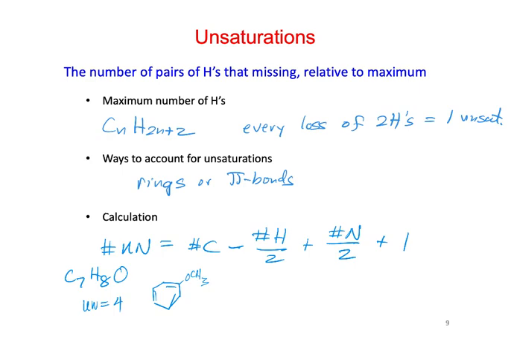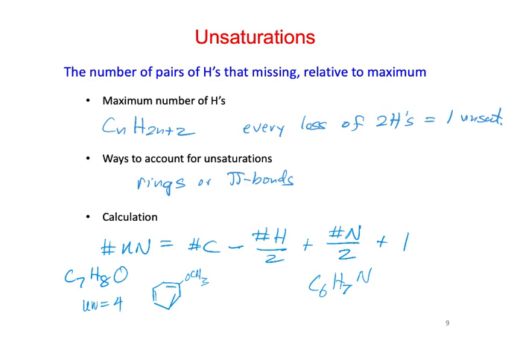Okay, so what if we had something like C6H7N? We got 6 minus 3 plus 1.